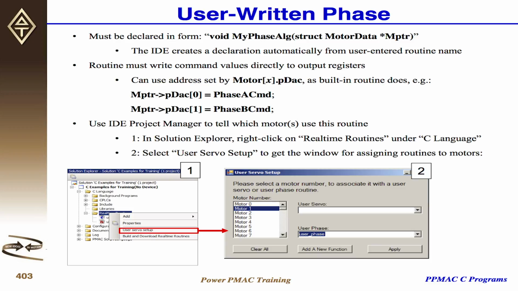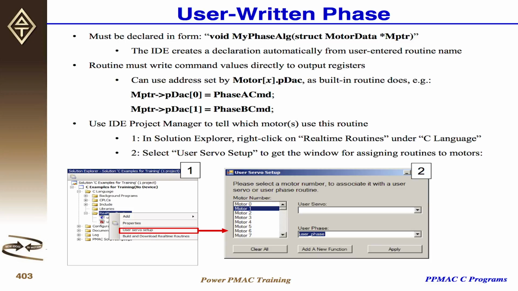Mine's just called user phase, and you pick the motor you want to associate. And then hit apply. Then you hit apply, and it'll ask you to build and download again. And once you build and download that, it'll start executing if your phase control is greater than 0.